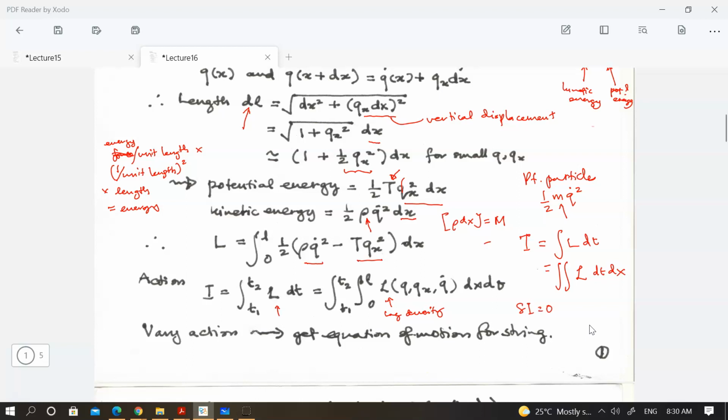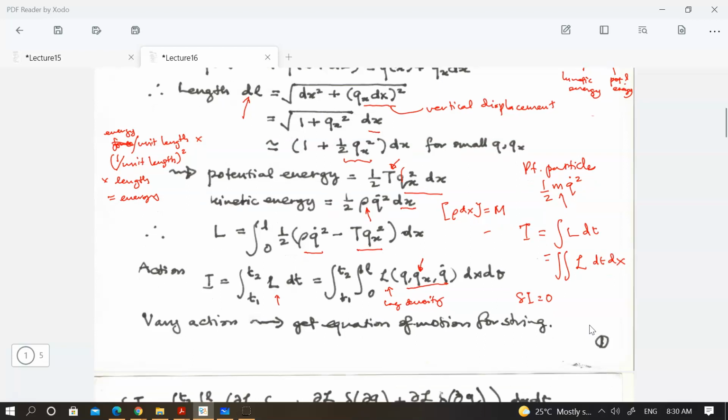So rather than varying your action with respect to your variables inside, now remember that your variables involve an extra thing, which is your derivative with respect to x. Okay. So let's do that.